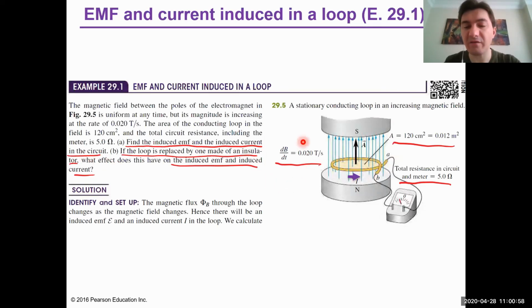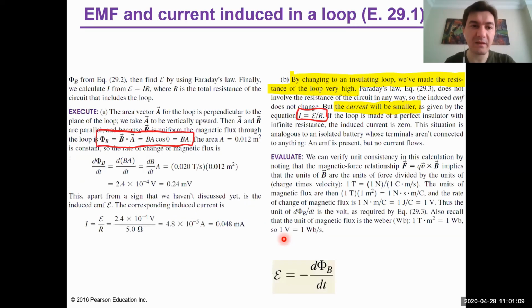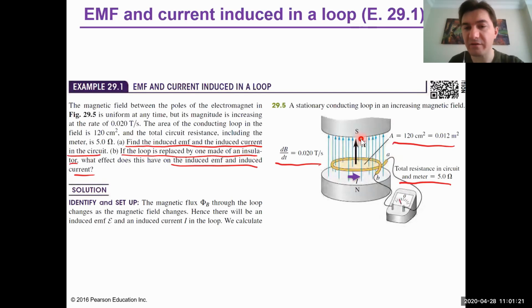Since the magnetic field increases, the magnetic flux through that area will change. So what is magnetic flux? Magnetic flux is given by B times A times cosine phi. What is the cosine phi here in that case? This is the direction of the magnetic field.